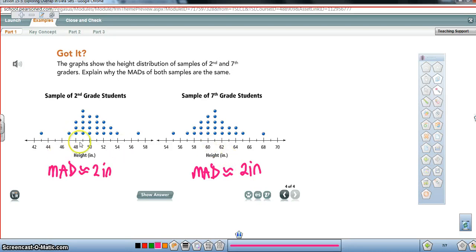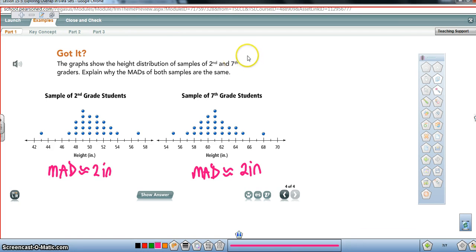And when you look at the values here along the number line, a lot of our 2nd graders are somewhere between like 47 and 54 inches. Our 7th graders are more around 58 up to 64 inches. Our 7th graders are definitely taller. So then what does it mean that their mean absolute deviations are the same? Remember, the mean absolute deviation describes how far the values are from the mean.